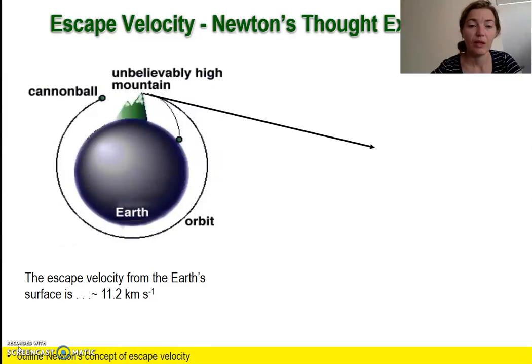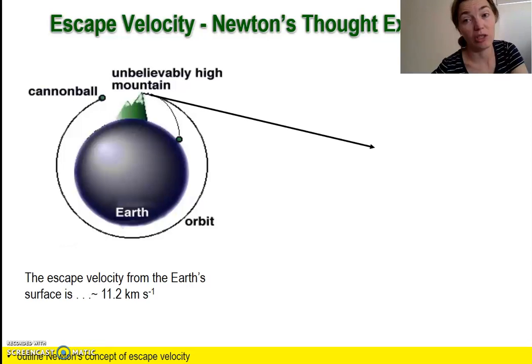So now, we have a final idea, which is if we can increase the initial velocity, or the initial horizontal component of the object's velocity, to a certain amount, then we can actually leave that circular orbit and remove ourselves from that force of gravity pulling us towards the centre of Earth and head out at a tangent, or actually leave or escape the pull of gravity from that object.